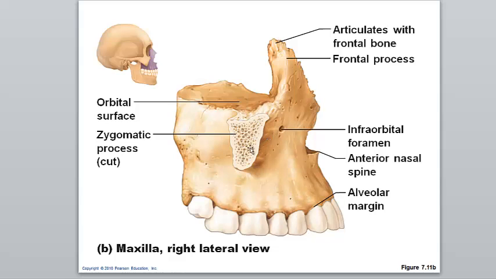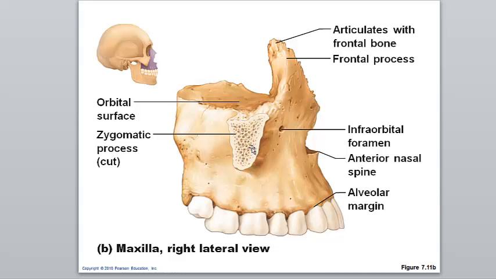And you have the zygomatic process of your maxilla. When we were doing the temporal bone, we saw a zygomatic process. That is the zygomatic process of your temporal bone. This is the zygomatic process of your maxillary bone. The process is named after what this structure attaches to.